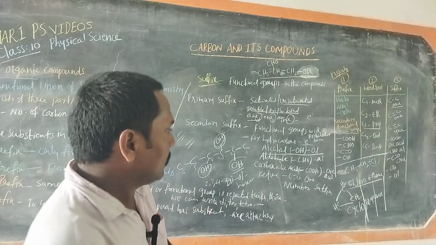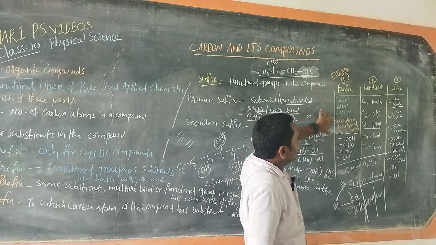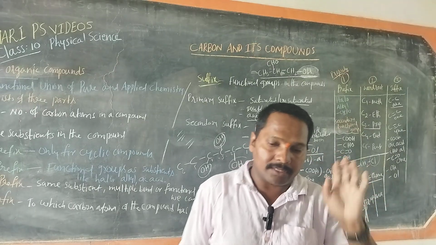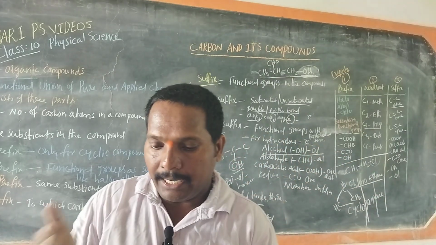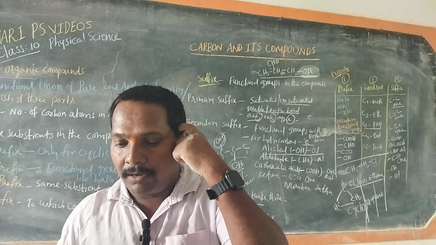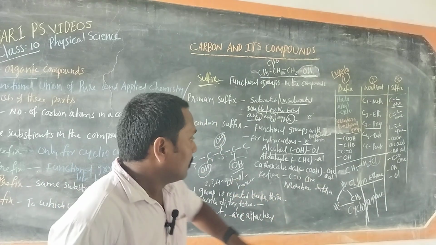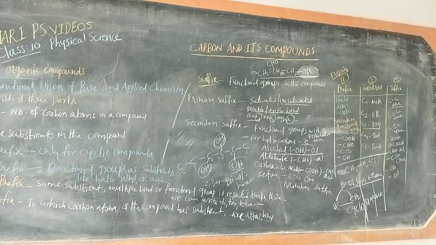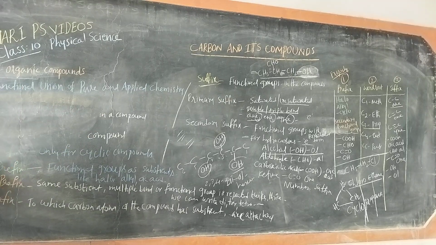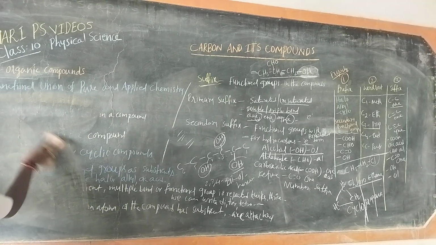So what is that order? Prefix, word root, suffix. Or numbers: numerical prefix, secondary prefix, primary prefix. Now we are going to discuss the order.